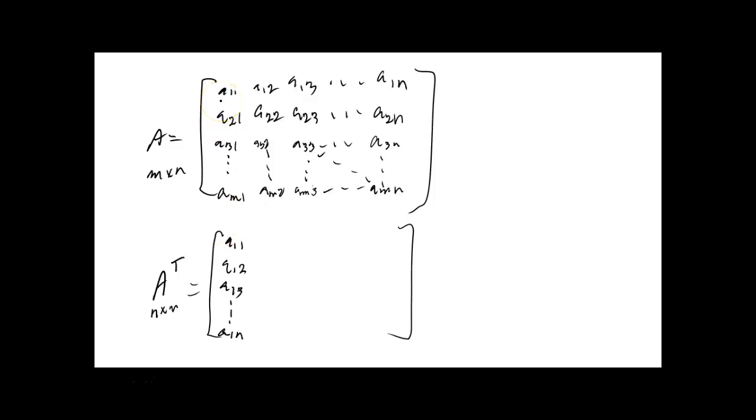And you also are exchanging the rows for the columns. So the first row here is going to be the first column here. I've already got the A11 in place, A21, A31, dot, dot, dot, up to AM1. Okay?